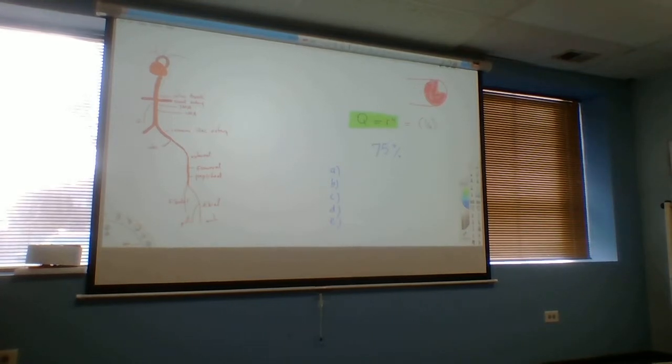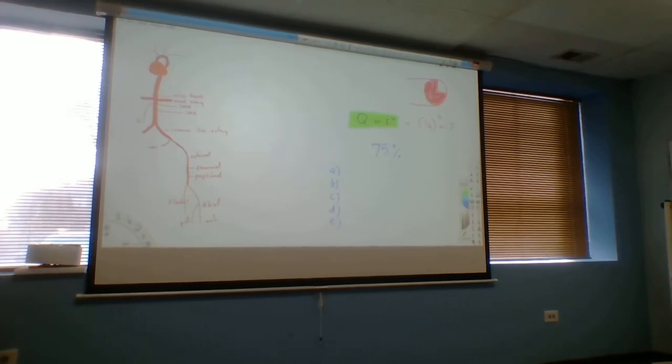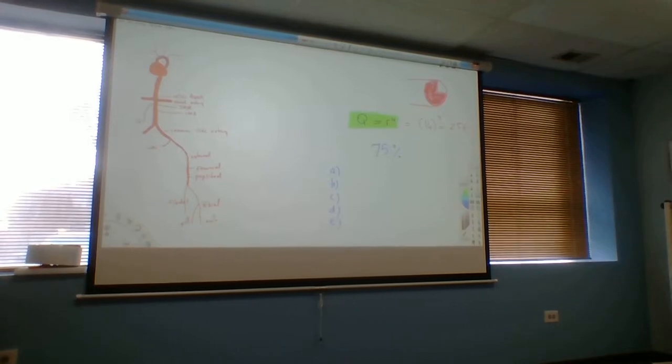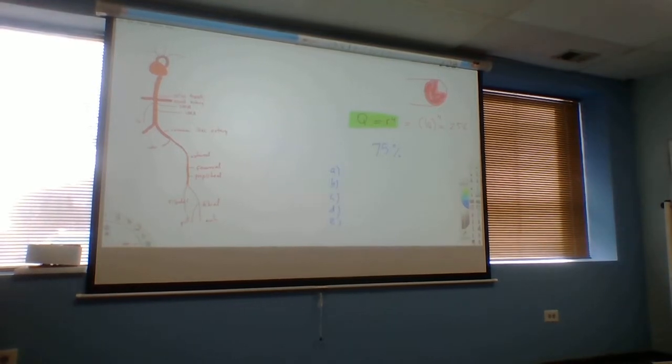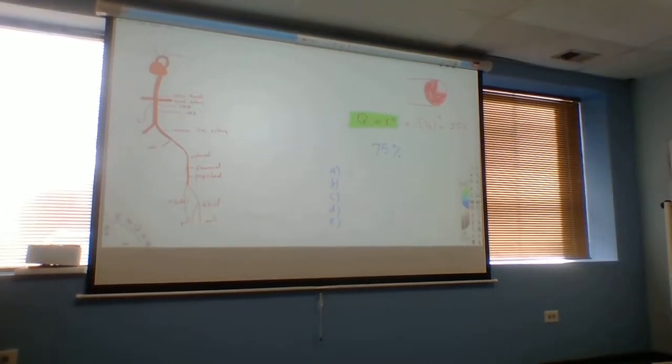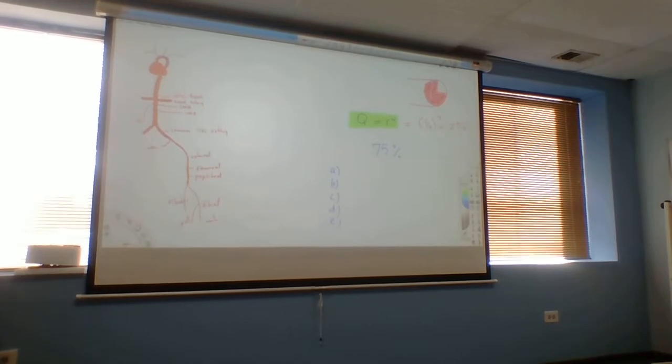1/4 to the 4th. Okay, so 4 to the 4th is what? 256, yeah. Good. So blood flow is decreased by how much? It's decreased by 256 times compared to normal.